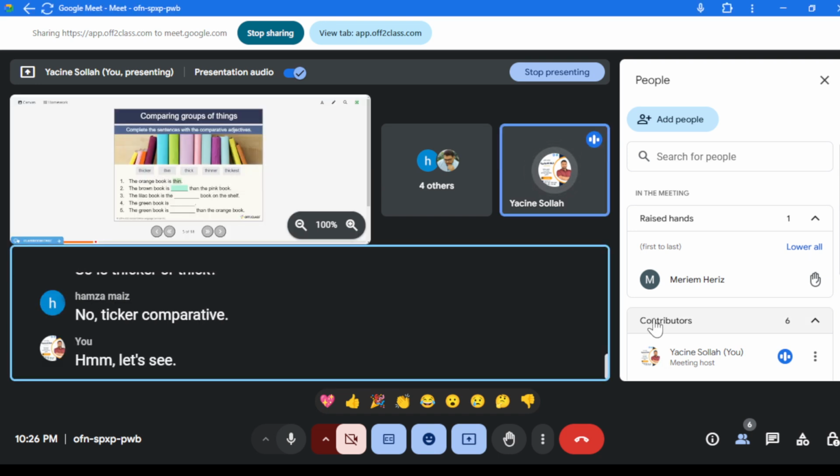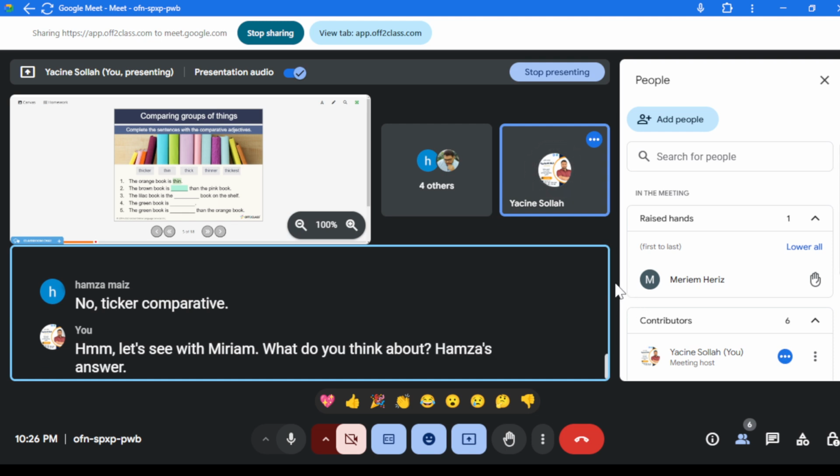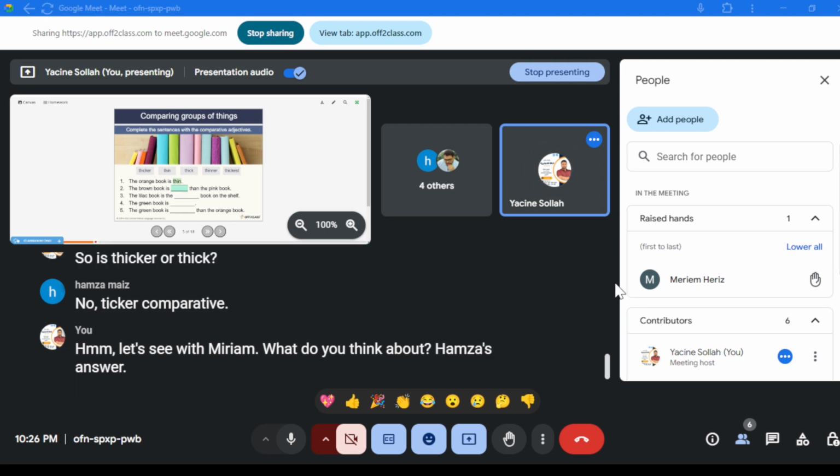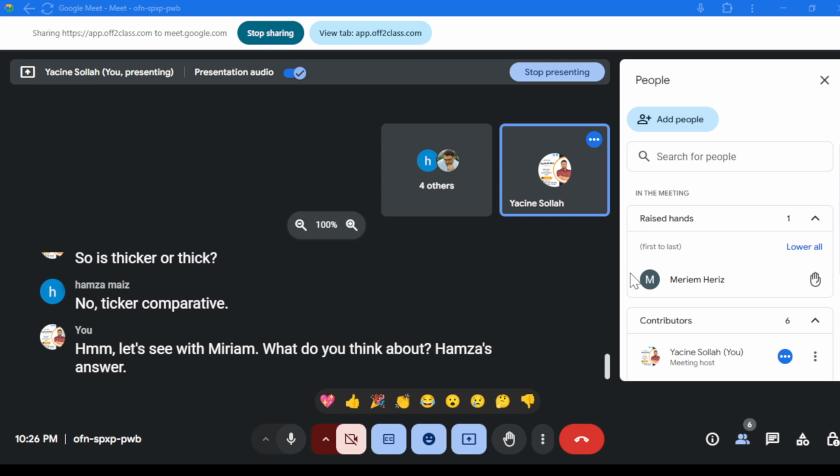Let's see with Miriam. What do you think about Hamza's answer? The brown book is thinner than the pink book. Where is the brown book? On the right.